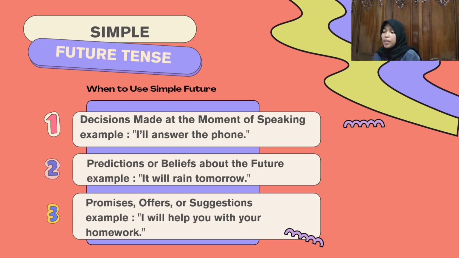For example, it will rain tomorrow. And then we use simple future tense for promises, offers, or suggestions. For example, I will help you with your homework. That is a promise, yes guys.